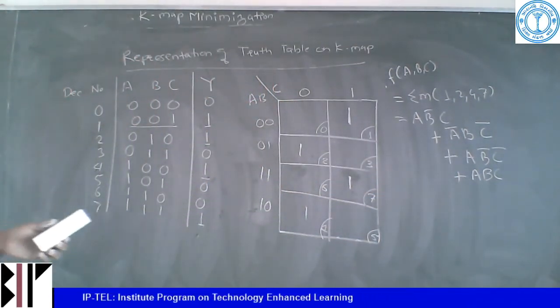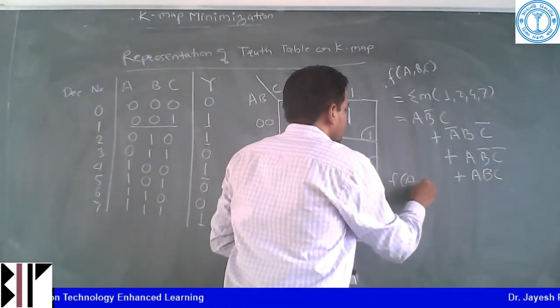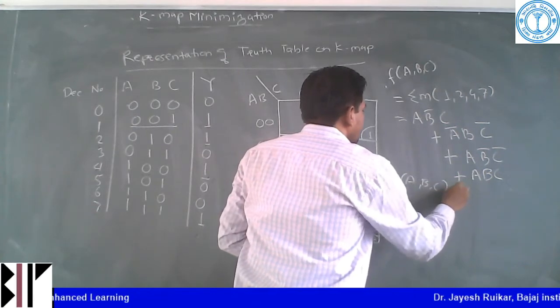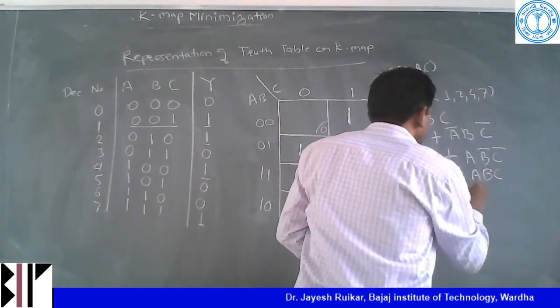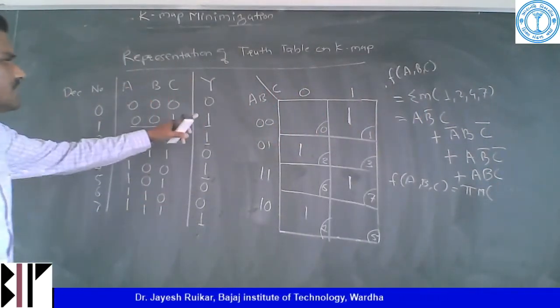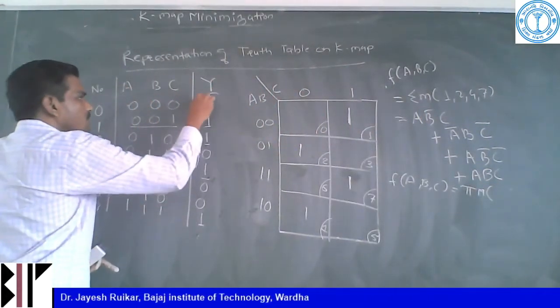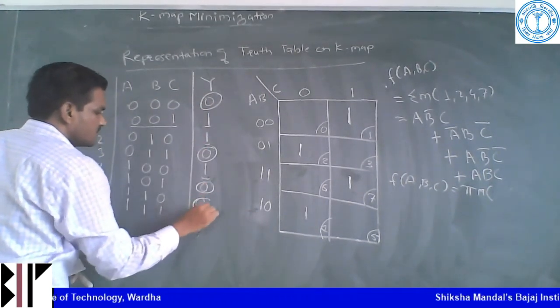Now in the same example, if I want to write this function f of a, b, c in terms of max terms, so pi m, there we have to consider the outputs which are 0.